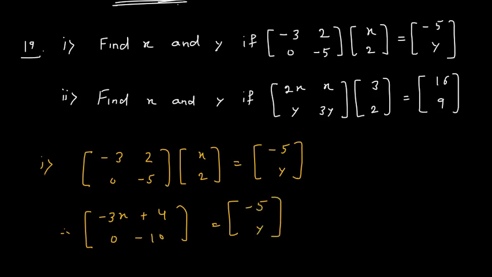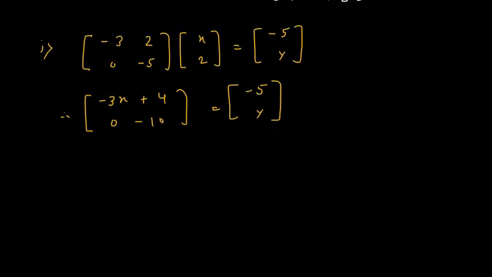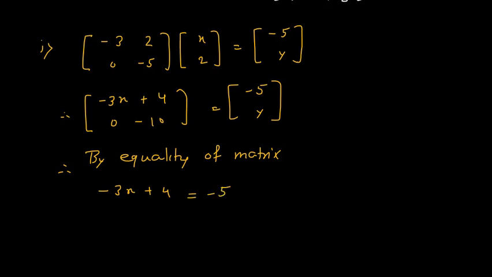So therefore what we can say, that by equality of matrix, we compare. So we will say that minus 3x plus 4 is equal to minus 5, and minus 10 is equal to y.